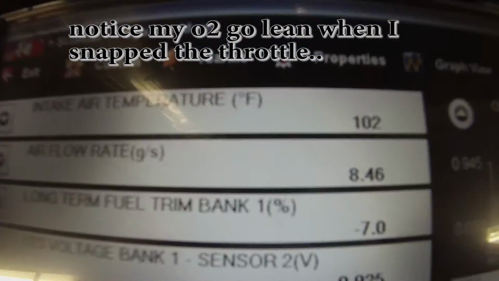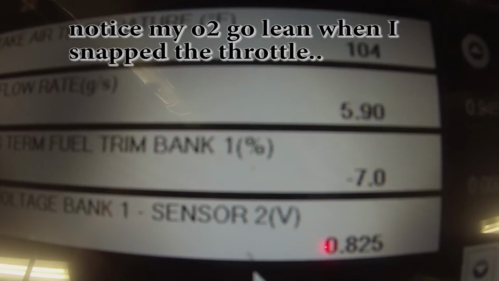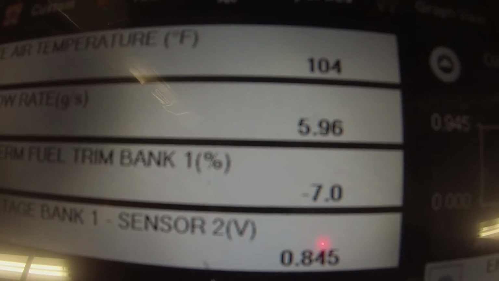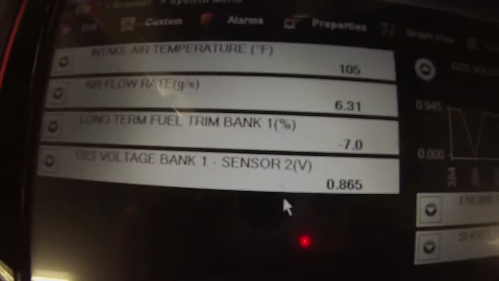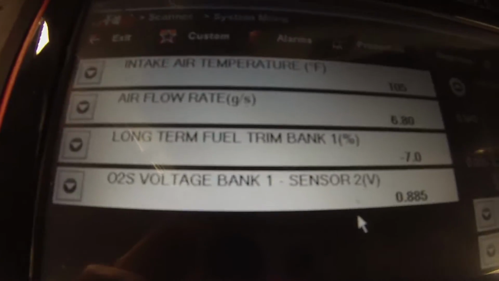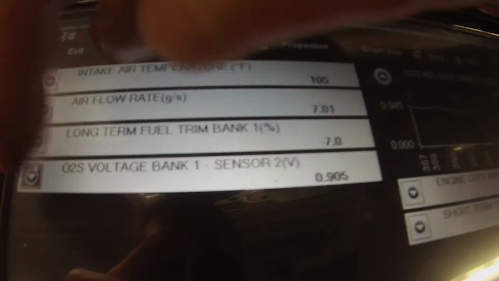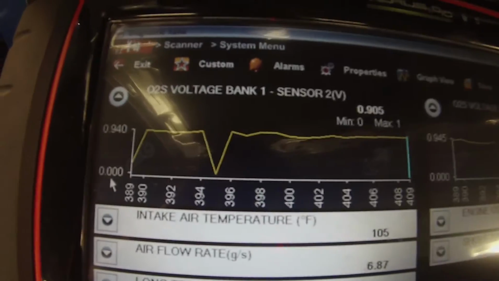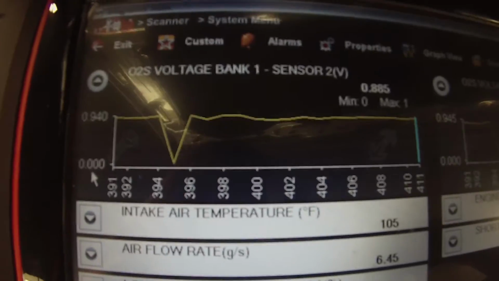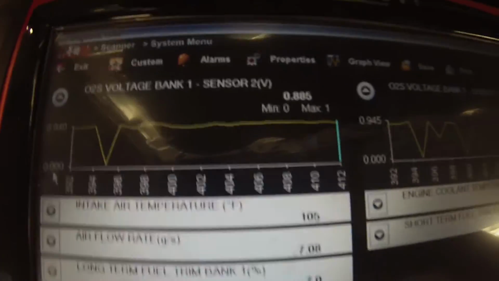Mass airflow jumping around a bit. I do believe that this vehicle also has a cat issue. This is my downstream, it's also fixed rich, kind of mimicking the front O2 sensor.